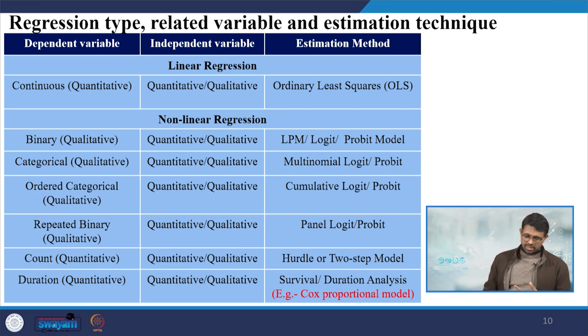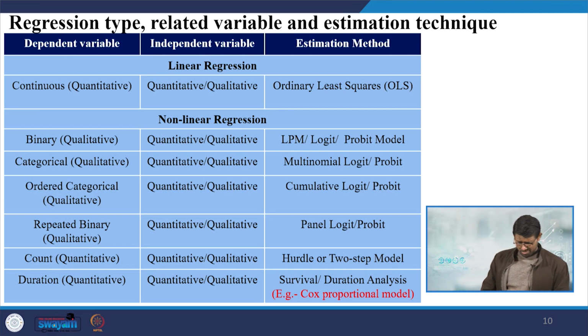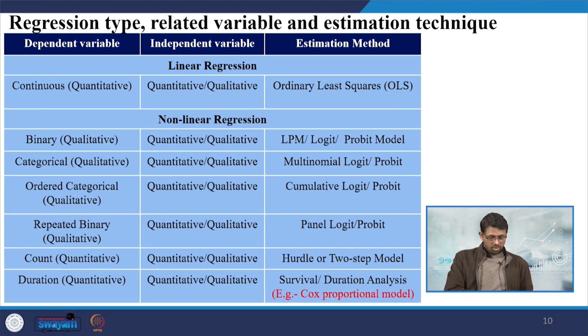So, in that case OLS is applied. In other cases, there are several possibilities for nonlinear regression, where the dependent variable might be binary, categorical, ordered, repeated binary, count, or duration, as we already discussed. However, the independent variable could be qualitative or quantitative.